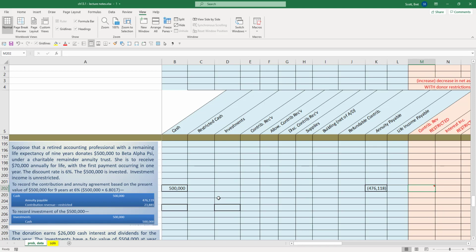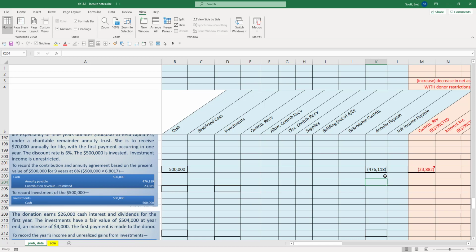Well, the difference, $23,882, is considered ours. That is something that we will hang on to because we're going to invest the $500,000, hopefully generate more than a 6% return, but it will definitely generate enough return to satisfy the present value of this annuity. Realize that the gross amount that we owe somebody is $500,000. Present value is $476,118.